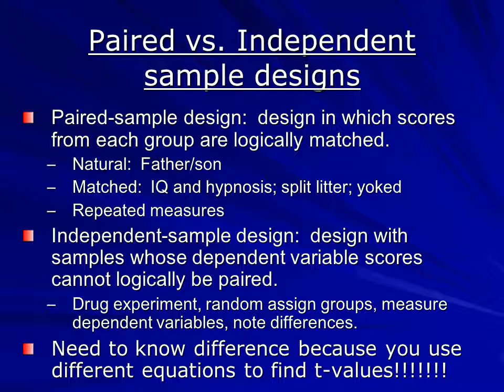And probably the most common paired design is a repeated measure design. The repeated measure design is basically the same person having two different bits of information that go into the average. So what does that mean? I think there's an example in your worksheet or somewhere else about any sort of pre-post test.